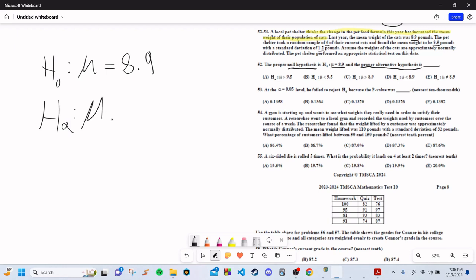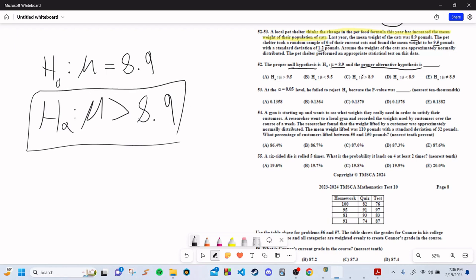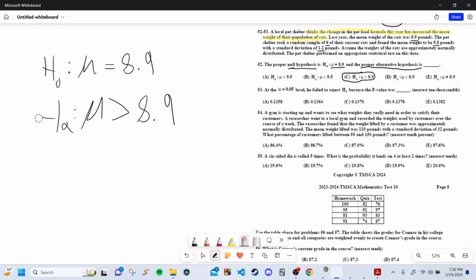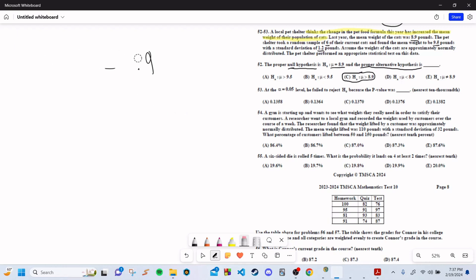So their alternative hypothesis is that the mean is greater than 8.9. So the only answer choice that shows that is answer choice C. So that would be our proper alternative hypothesis. So remember, the alternative hypothesis is always the one that they believe the data supports. So moving on.